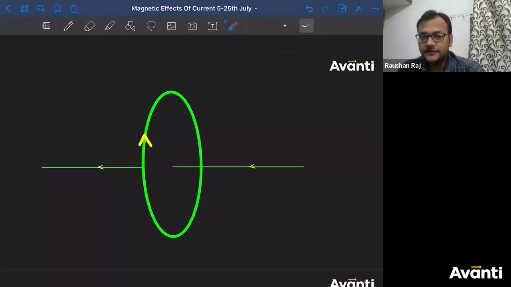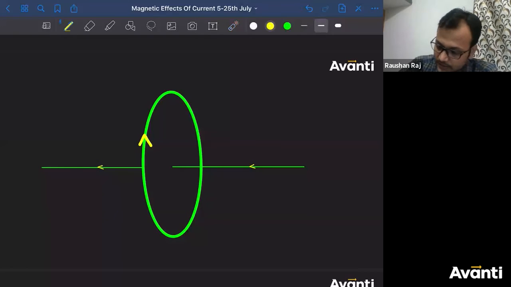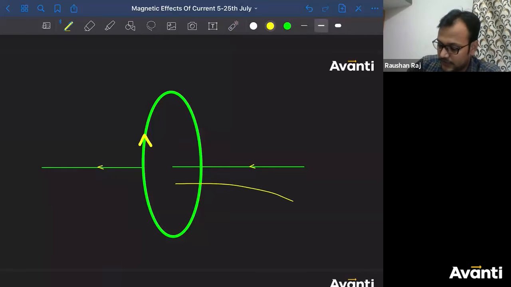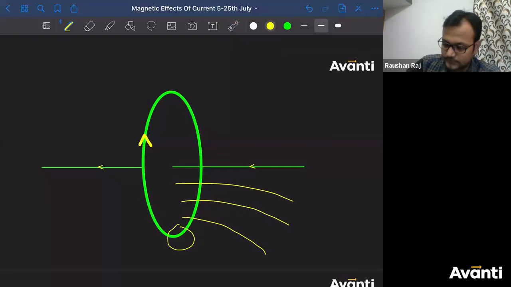But the direction of magnetic field lines you can get. So how do the magnetic field lines look? See how we draw them. Here it will look like this. It will enter from this side like this. It will come from here, and here you'll get a circular form like this. Something like this will happen. Okay guys, please understand this well.